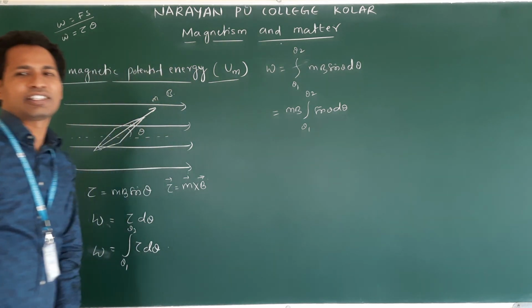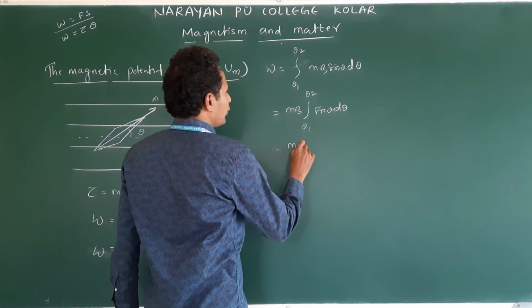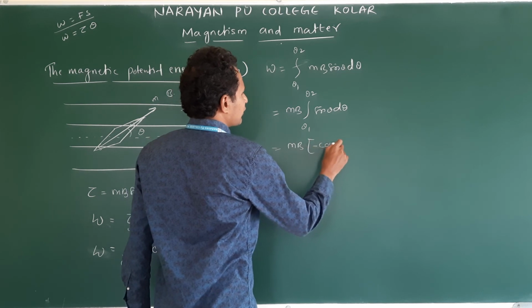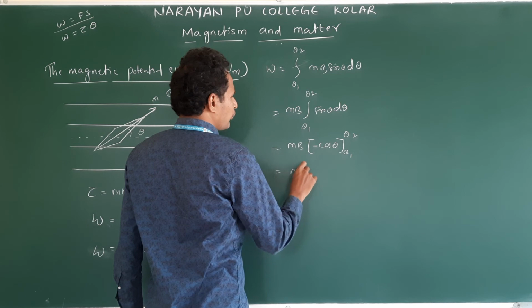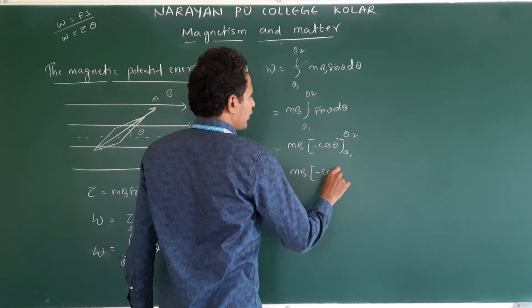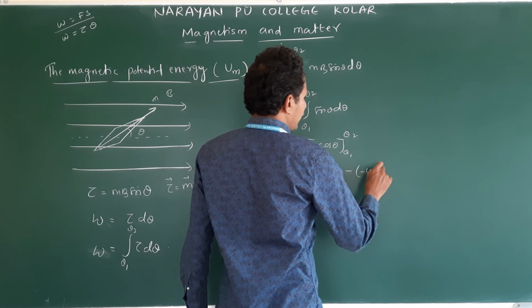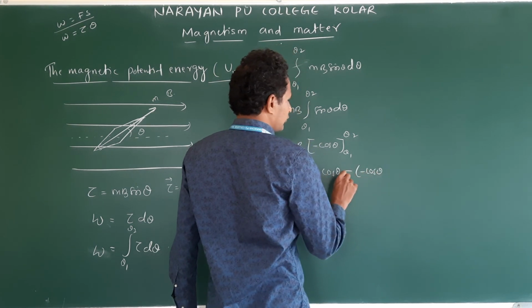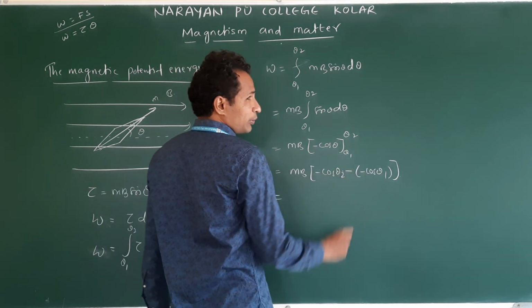What is the integration of sin theta? That is minus cos theta. So mB times minus cos theta from theta 1 to theta 2. So this is mB times minus cos theta 2 minus, minus cos theta 1. Minus of minus is plus.